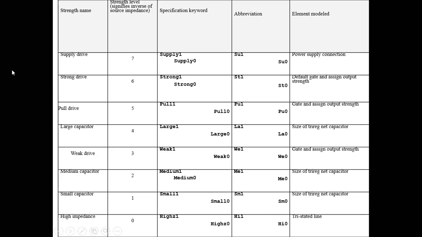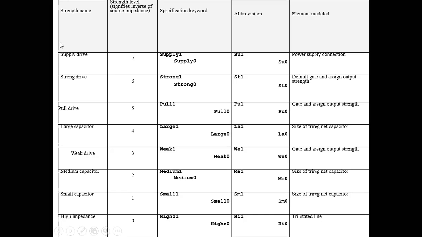For example, as I said, I have a signal P and that signal is connected to two things. One may be a supply drive and another may be a strong drive. Both don't have the same strength.